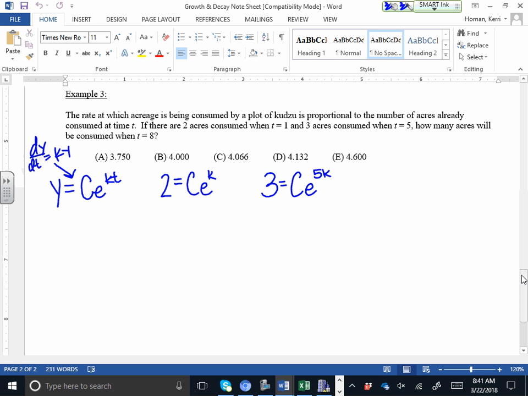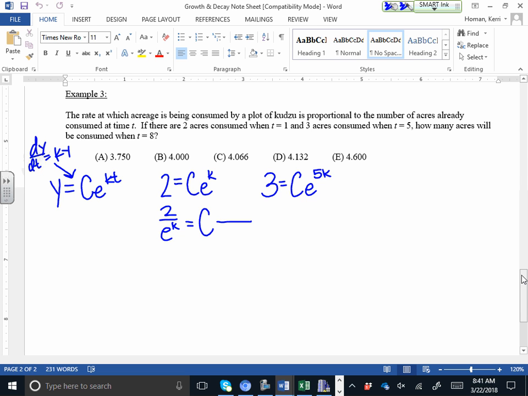So what I'm going to do, I'm going to go to this one. It has the smaller exponent. And you'll see why I do this here in a moment. So C equals 2 over e to the k. Do you agree? Okay.